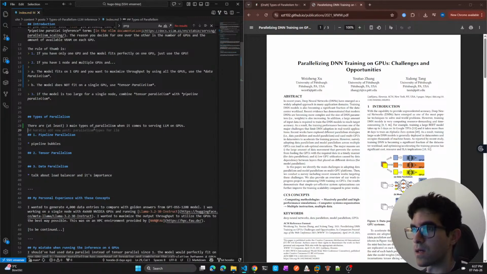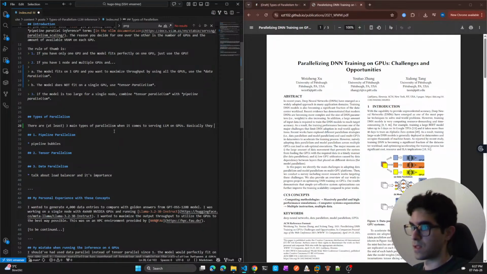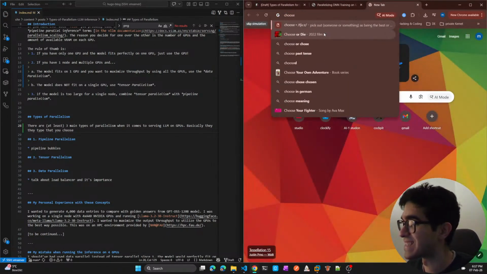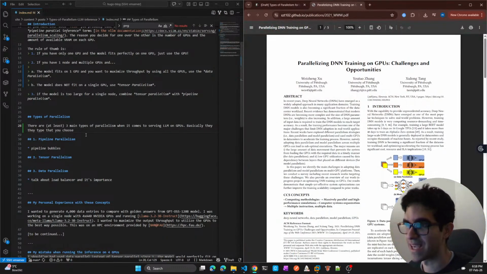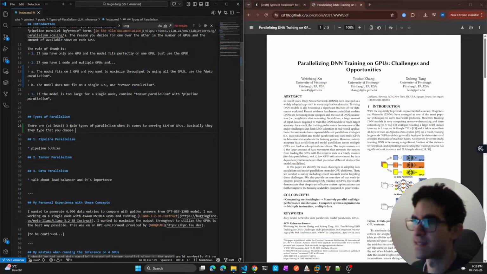Okay, so basically each type, the type that you choose dictates how your model is distributed among your GPUs. Sometimes there are dictation things where I second-guess it, and some words feel strange to type.